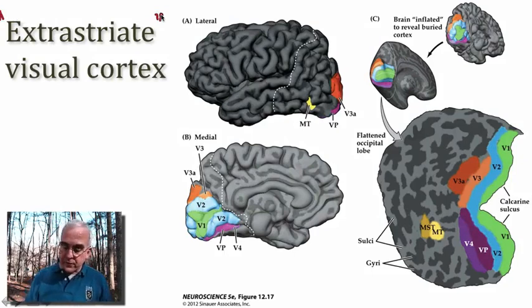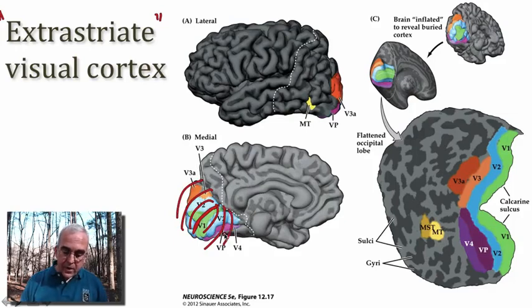And we see a number of them here represented in blue and in the orange colors and in the purple and in the yellow. And what we discover is that beyond the banks of the calcarine sulcus, which is back in this region, we have a series of basically concentric rings of visual areas that emanate around the occipital lobe.